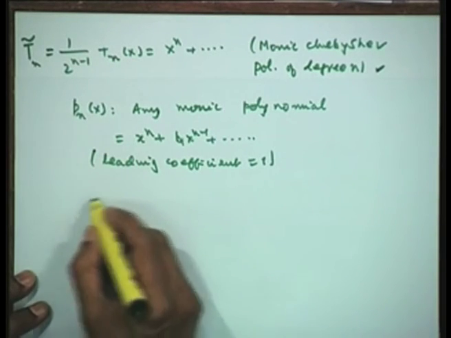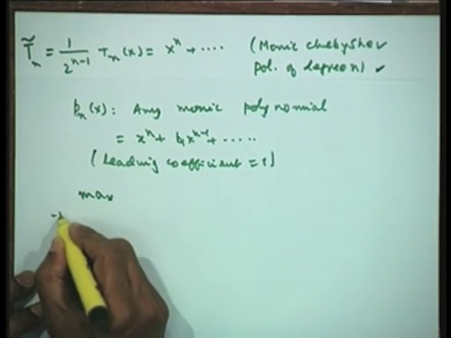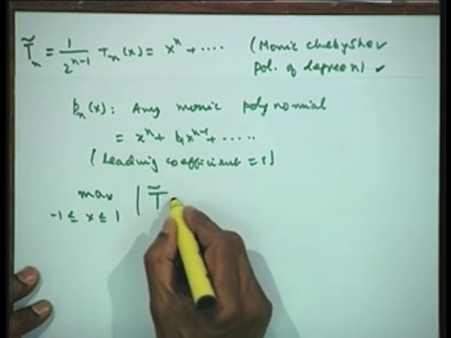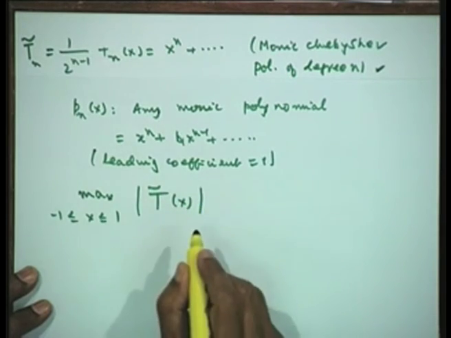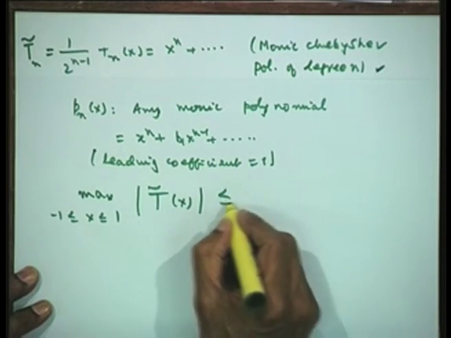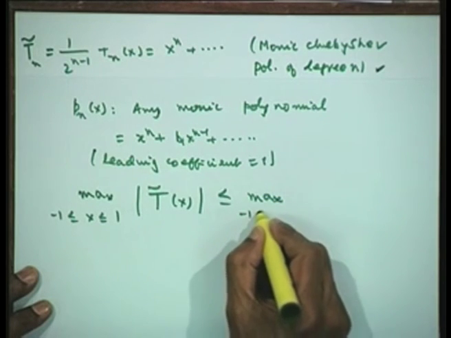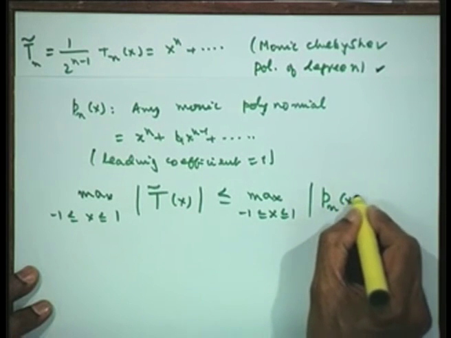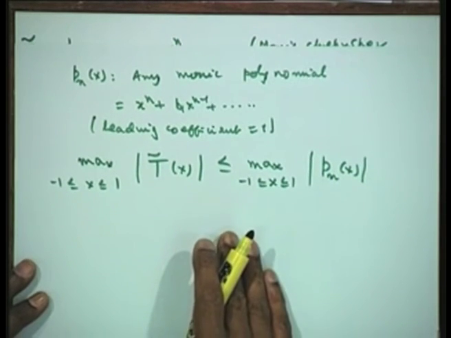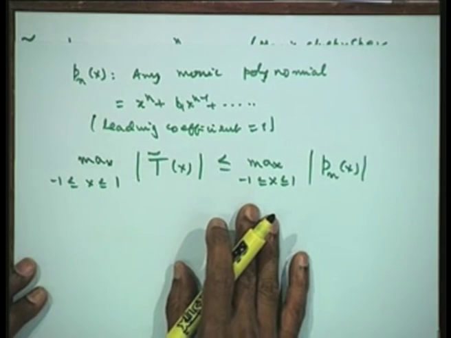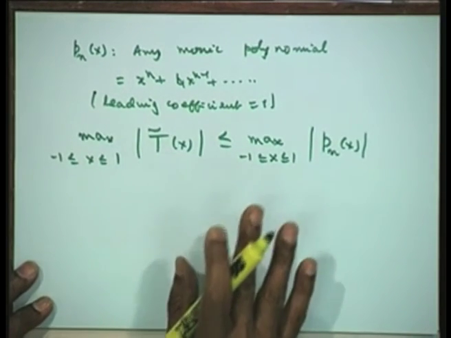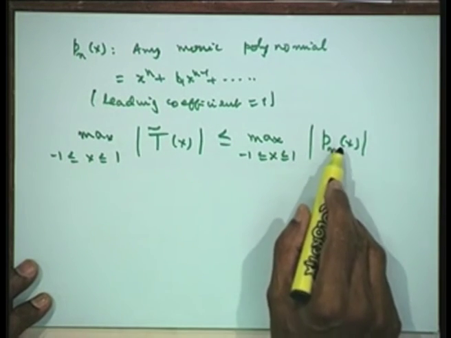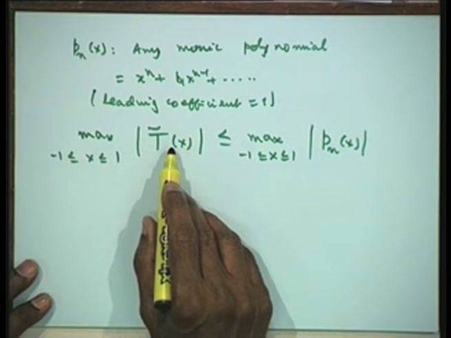So, the property that we want to show is that the maximum over minus 1 to 1 of T tilde n, that is your monic Chebyshev polynomial, is less than or equal to the maximum over minus 1 to 1 of P n x. This is the property which makes Chebyshev polynomials the rarest of the orthogonal polynomials, because you cannot find any polynomial whose magnitude will be less than this polynomial.